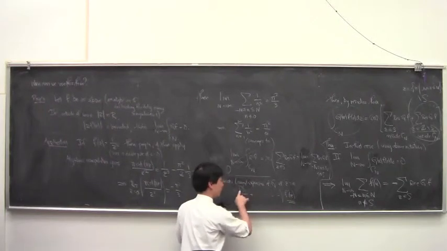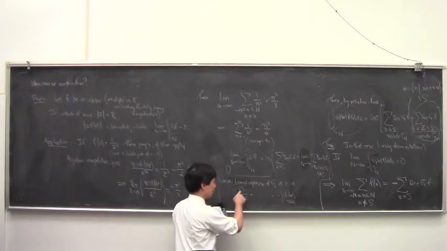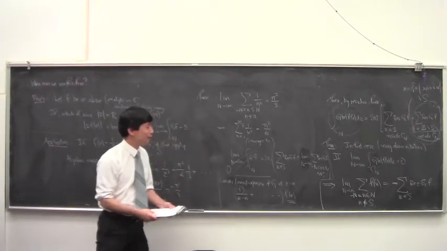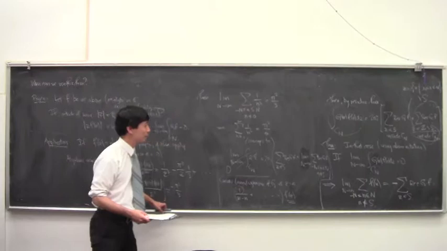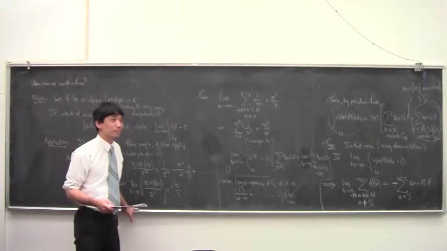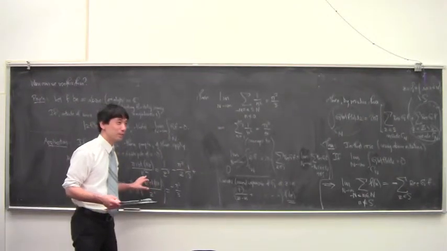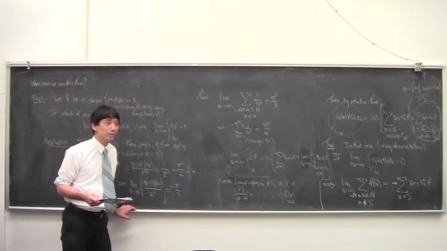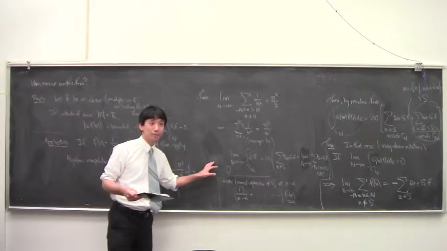Well, it's going to be f of n. You're going to get f of n. Yeah. Okay. So yeah, I guess it wasn't completely obvious. Does that make sense? Anyone else? Does that make sense to everybody?